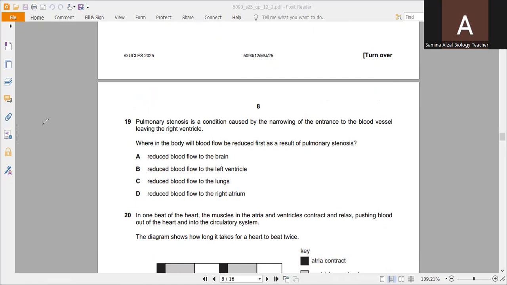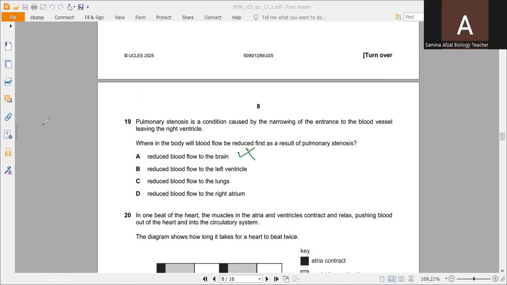You know the blood which leaves from the right ventricle enters into the lungs through the pulmonary artery. So the blood flow would be reduced as a result of pulmonary stenosis. Option A says reduced blood flow to the brain. The blood is not going towards the brain, so A is not the correct option.